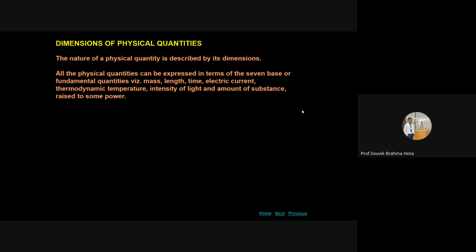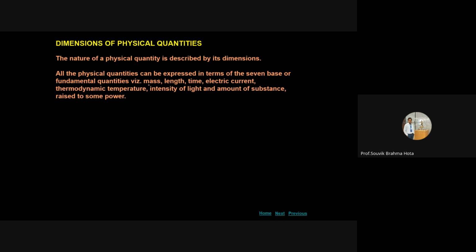Now, dimension of the physical quantities. This is a much more important thing, so you should listen very carefully. The nature of physical quantities is described by their dimension. All the physical quantities can be expressed in terms of 7 base or fundamental quantities. What are those?